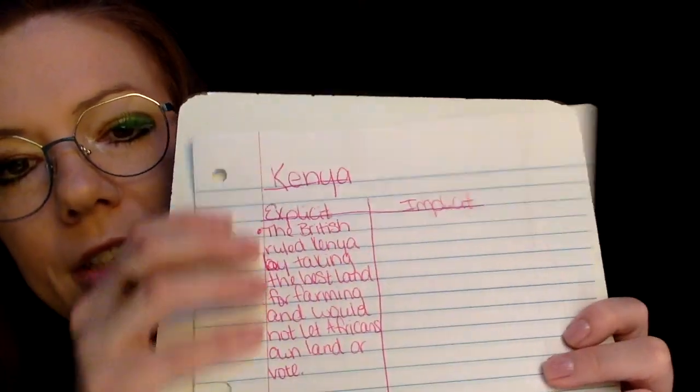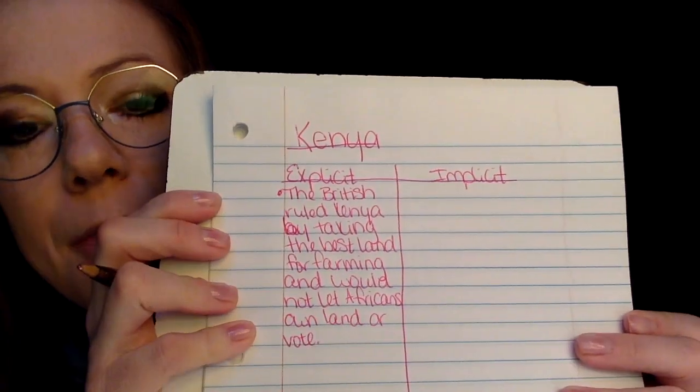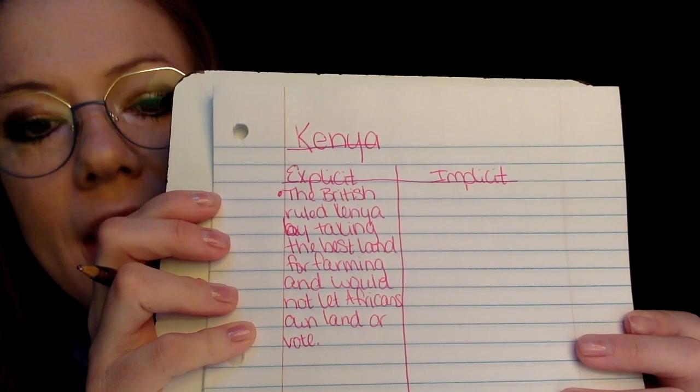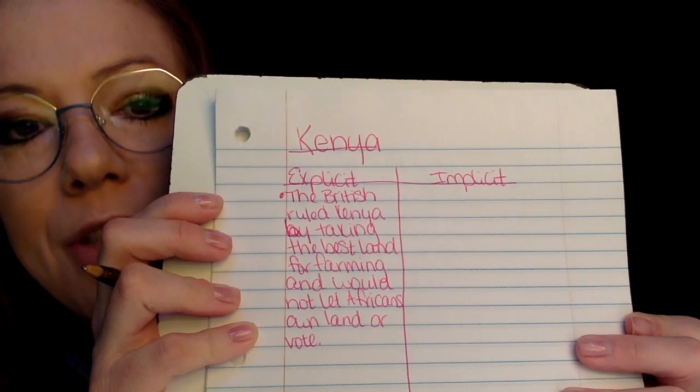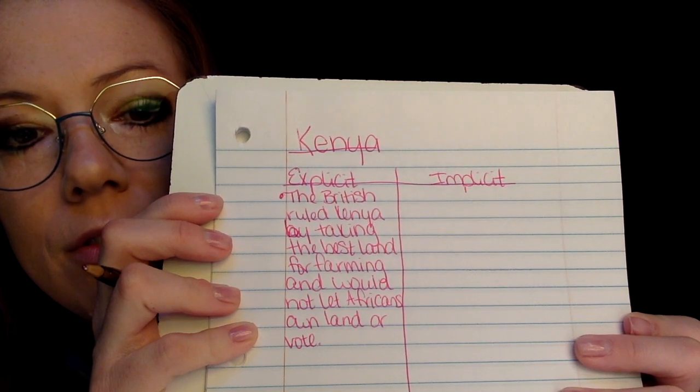You need to pause, right now would be a good time. The British ruled Kenya by taking the best land for farming and would not let Africans own land or vote. Okay.